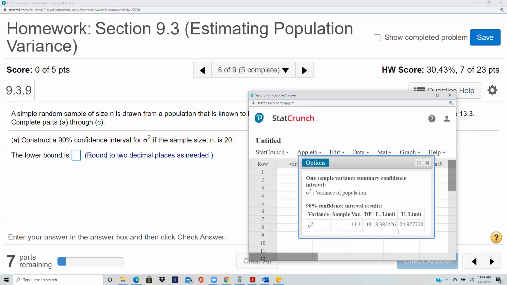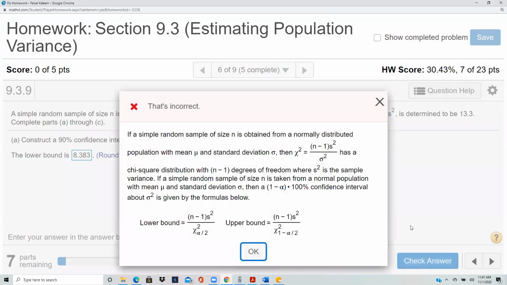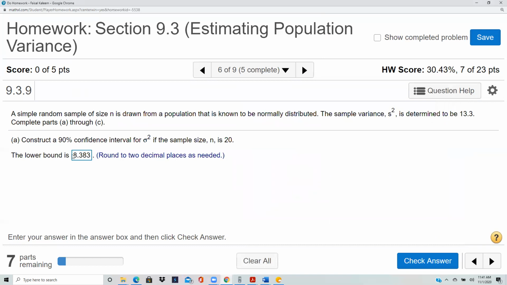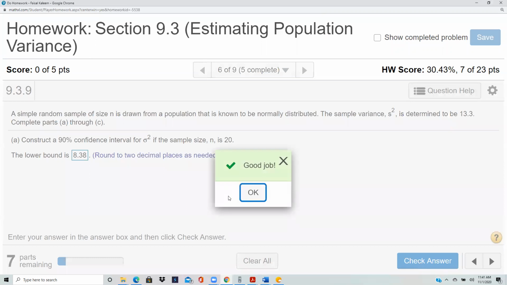Okay, so our lower bound is 8.383 and 24.978. Oh, 2 decimal places. 24.978 will be 24.98.